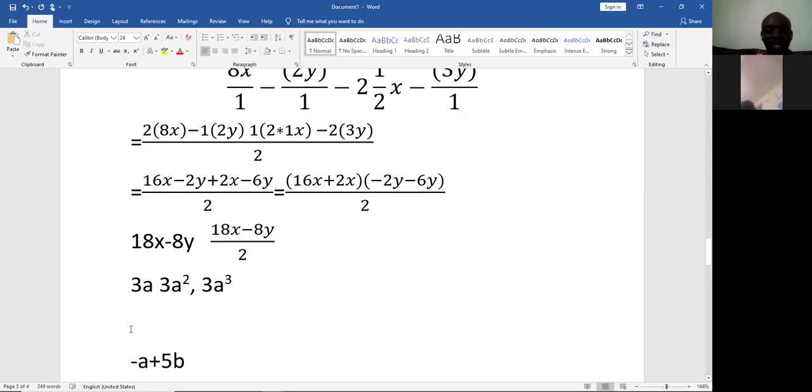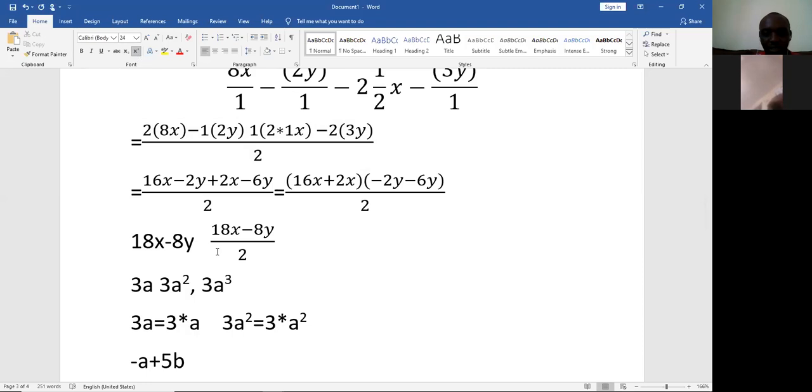So 3a is found by 3 multiplied by a. Okay, 3b, okay, 3a squared. 3a squared is found by 3 multiplied by a squared. I want you to understand this one very carefully, very clearly.